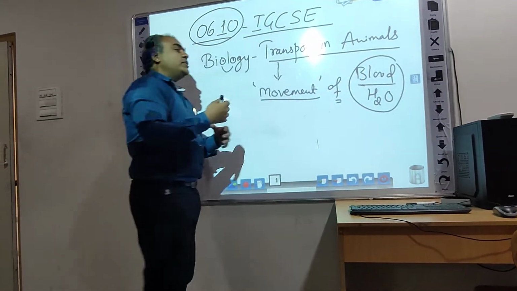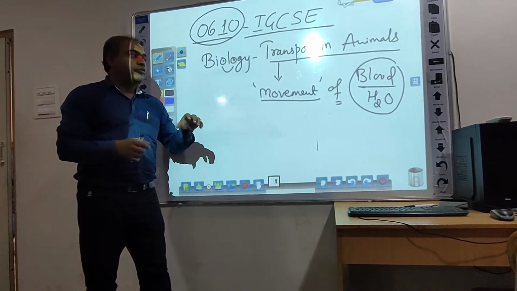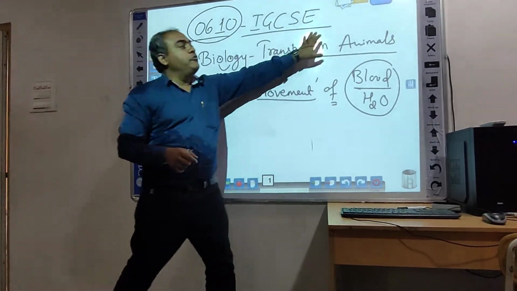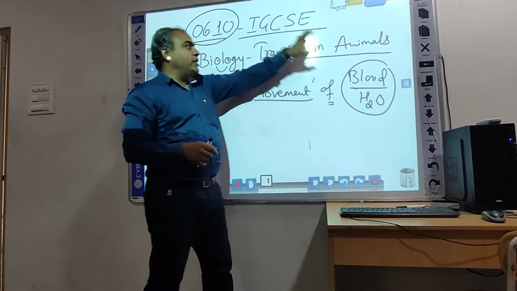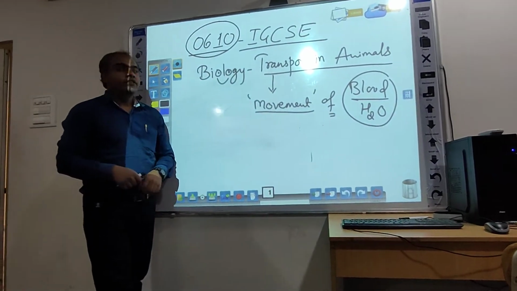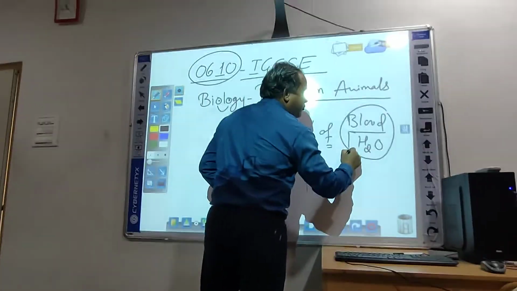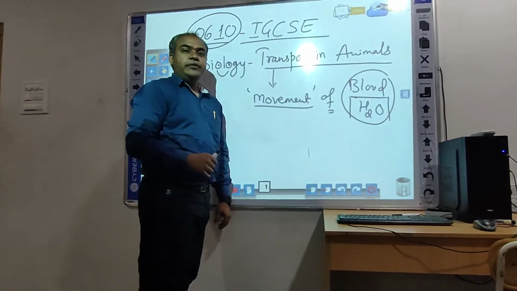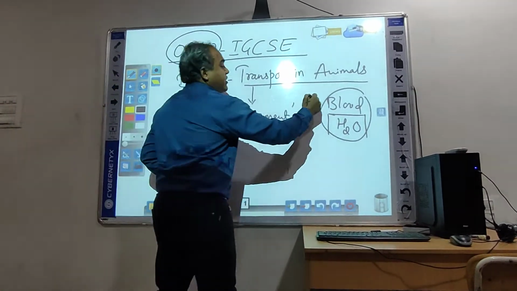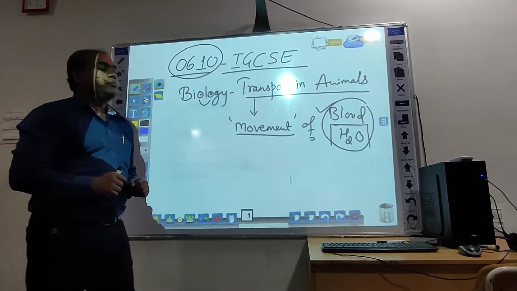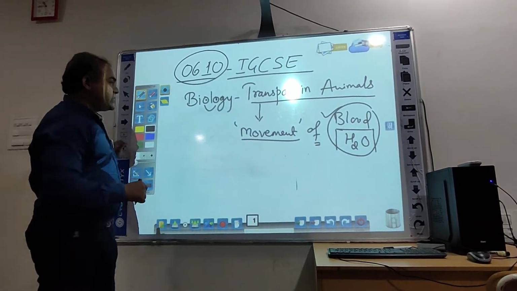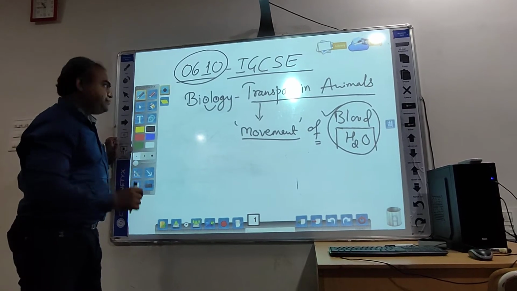So transportation is nothing but the movement of the blood or water within animal body, and the topic name is transport in animals, right? So what is moving? We'll see this water movement in the excretion topic, whereas at present we'll see the 9th chapter, transport in animals, and that is the movement of the blood.